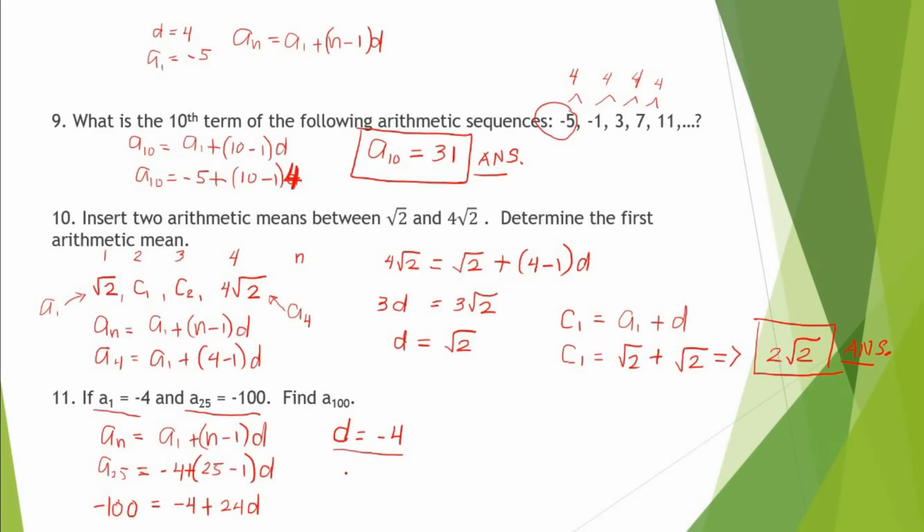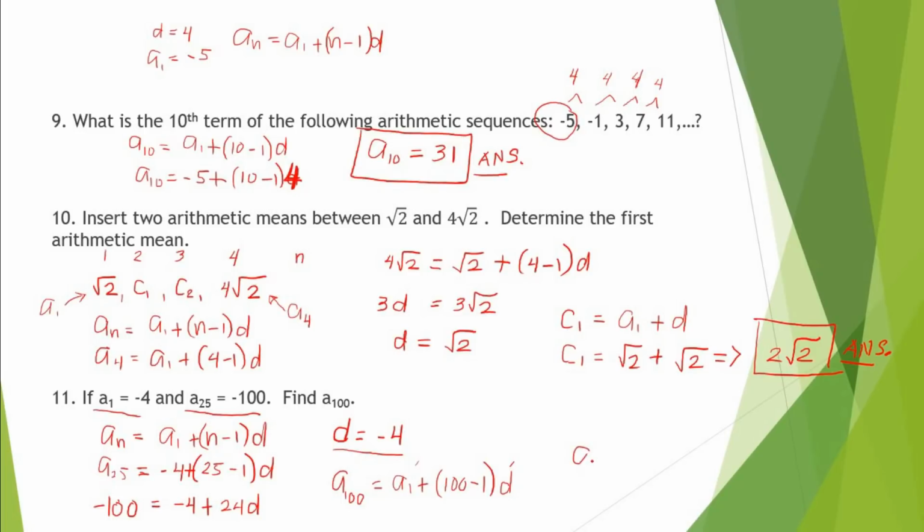So our 100th term is equal to A1 plus 100 minus 1 times D. Of course, we already know our A1 and our D. Therefore, we can readily determine our 100th term.